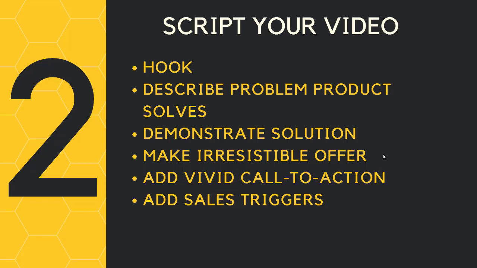The whole idea is to get them to act on the information you've just given them. So they've seen the problem, they've identified with it, they've seen that your product can give them a solution to the problem. The next thing is, how do I get this thing? So you make them an offer, and then you tell them exactly what to do next. If you want them to call you on the phone, put the number there and say, call this number to order now.